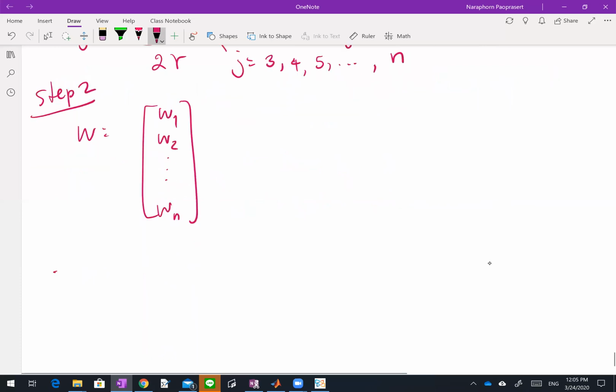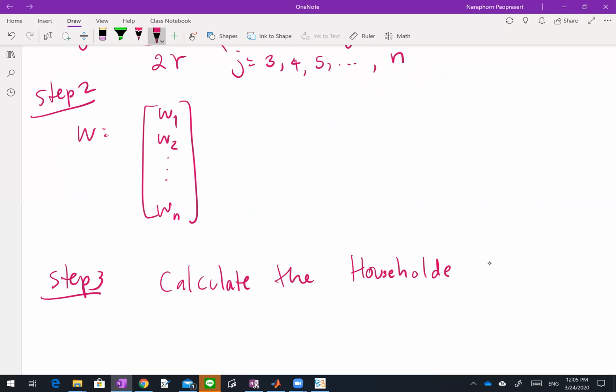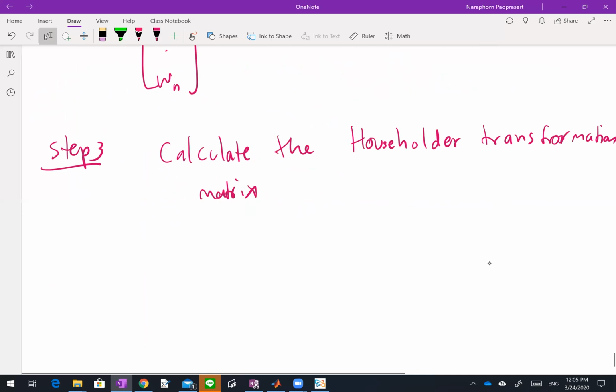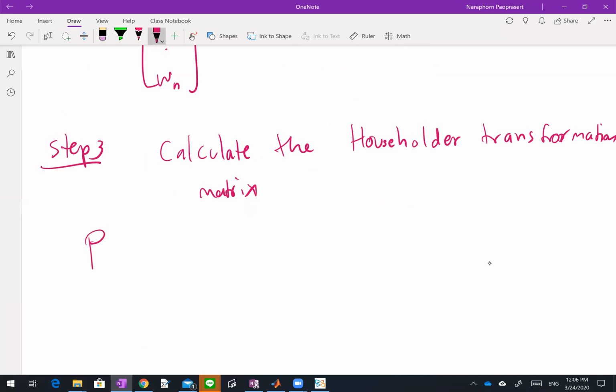And step 3, what we just need to do is calculate the Householder transformation matrix. So the Householder transformation matrix P is just I minus 2W W transpose.